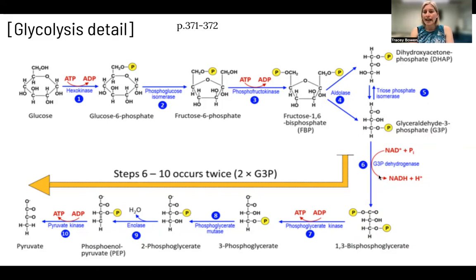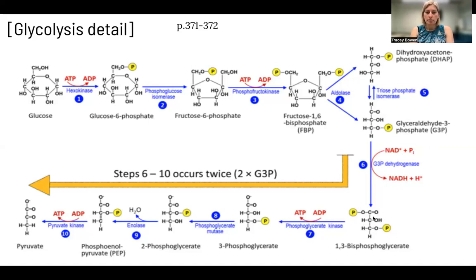Then NAD+ and a phosphate group that's just sitting in the cytoplasm are going to be added onto that G3P. In the process of the phosphate being added, the NAD+ is going to be reduced and make NADH. And so now we have 1,3-bisphosphoglycerate.